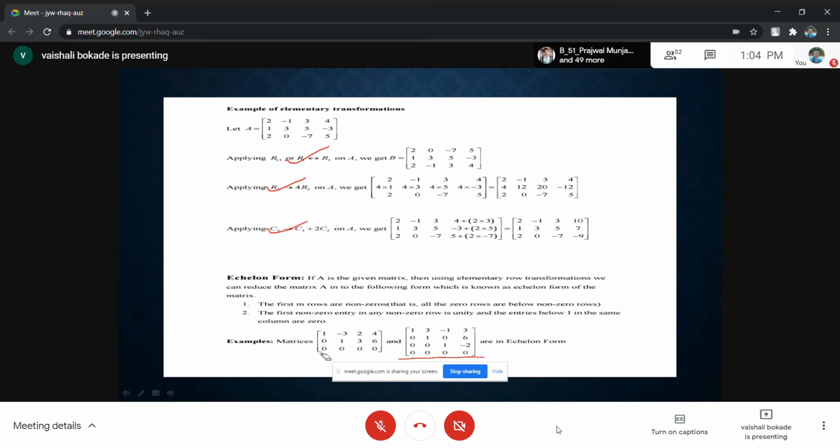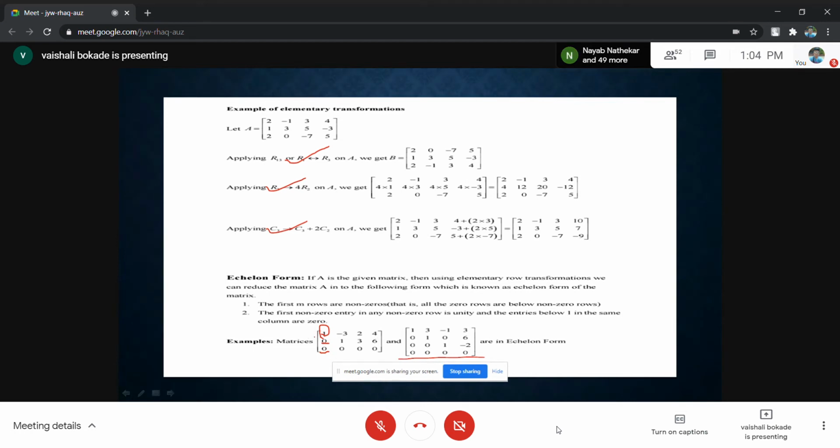Now I am concentrating on the remaining entries. After converting the element at the (1,1) place to 1, you will use R1 for converting the other elements in C1 to 0. The element at the (3,1) place you have to make 0 by using R1.